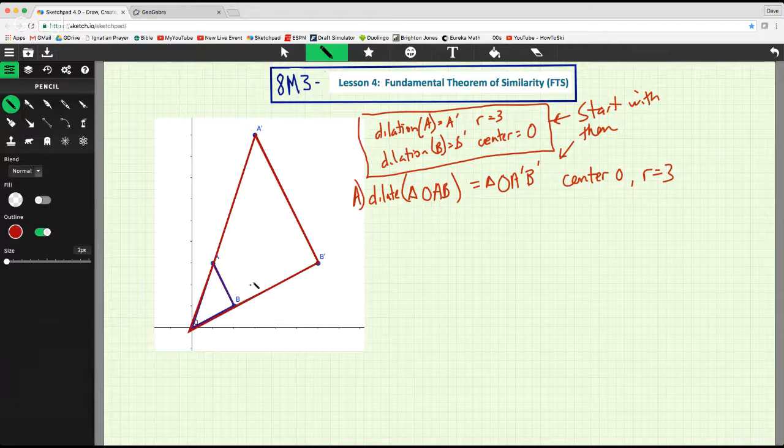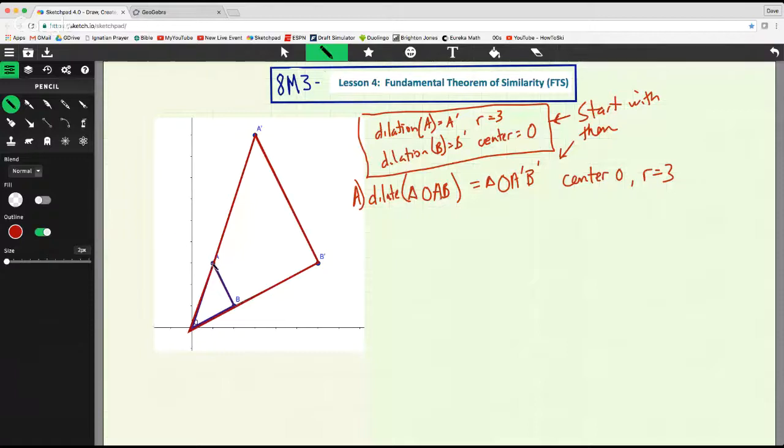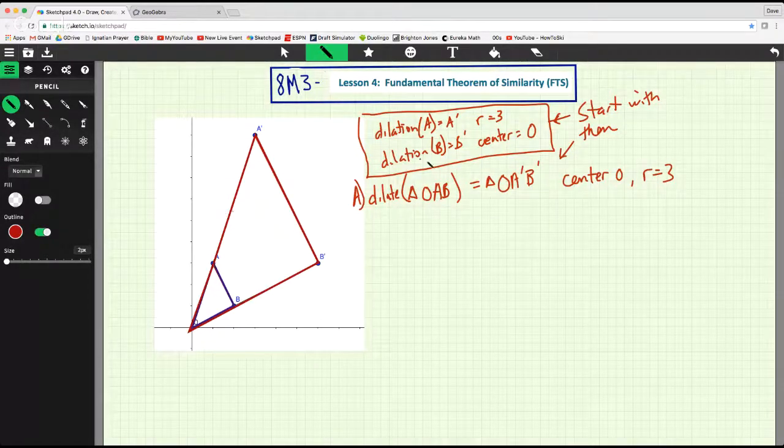So remember, whenever we dilated a triangle, if we use R equals 3, we would take each point from the center and multiply its distance by our scale factor.